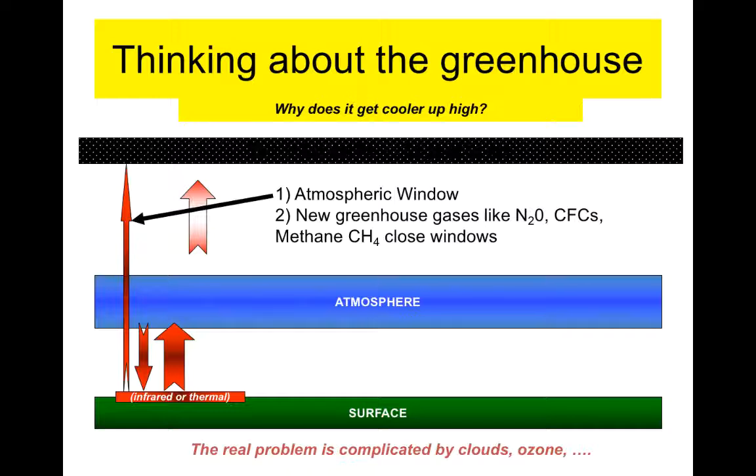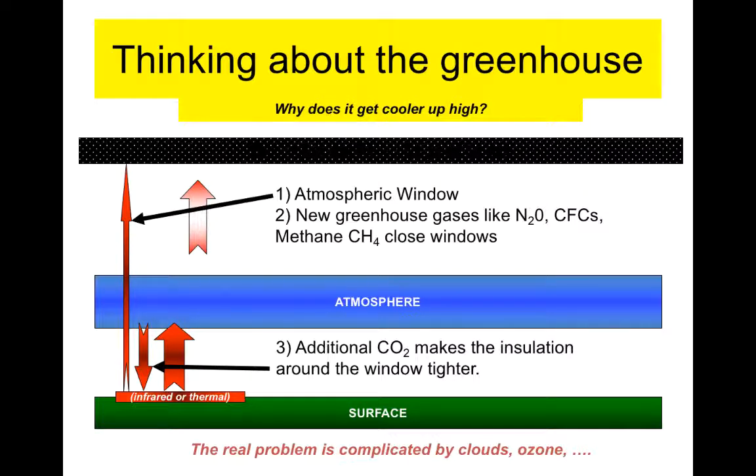It is because presently there are places that energy can escape out of the earth and go to space. And we will be closing windows by adding these new gases. Additional CO2 makes the insulation around the window tighter, is what I would like to say, because those windows are already pretty much saturated and closed.